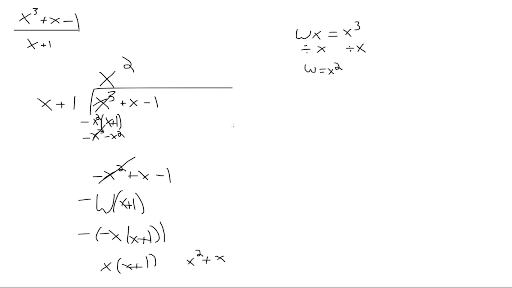Even though at first it didn't cancel, we did make progress because the highest variable exponent in the polynomial that we were dividing decreased. So we ended up getting closer to the end of the problem.